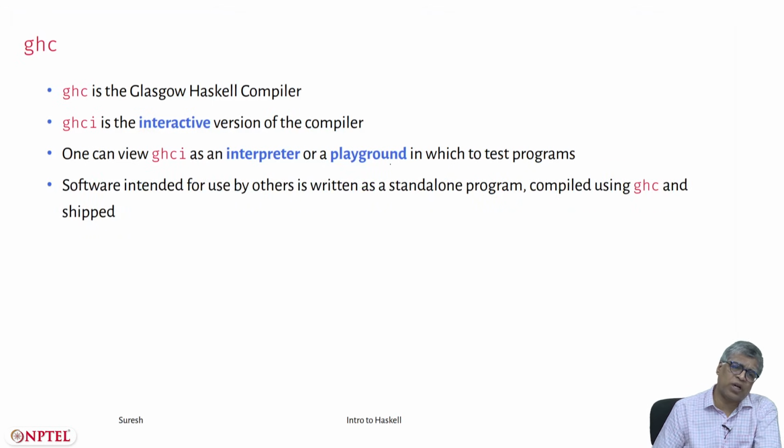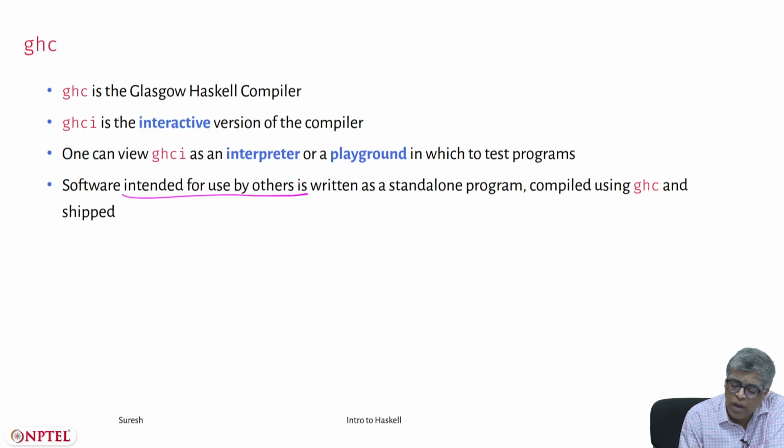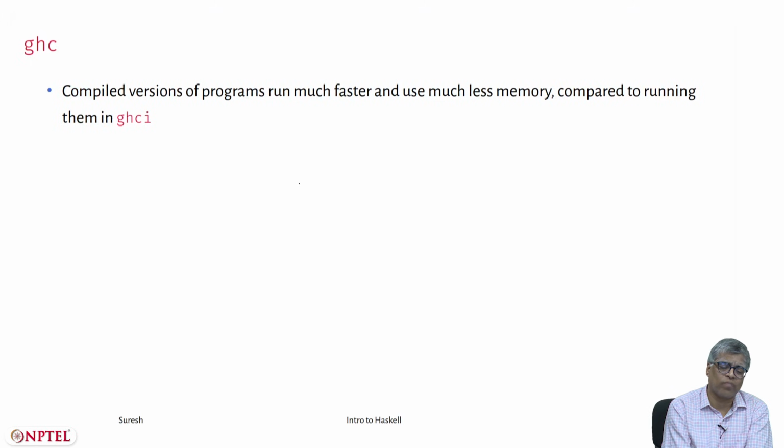As I mentioned before, software intended for use by others is always written as a standalone program. You compile it using GHC and you ship it to the other person, and they will run it on their machine, provided you have compiled it for the correct hardware platform. There are some advantages to using GHC over GHCI.